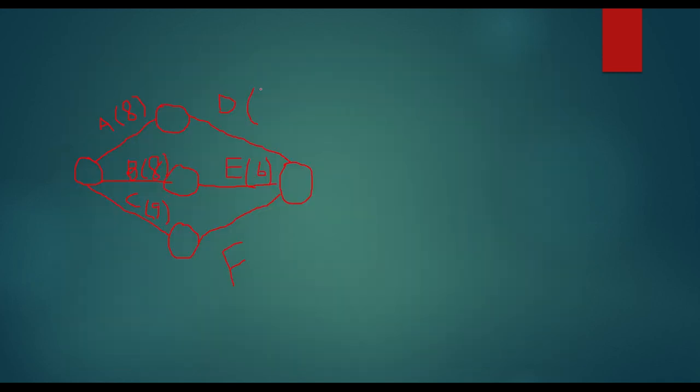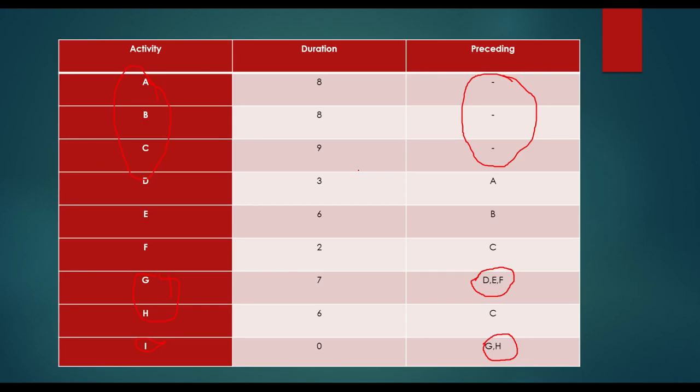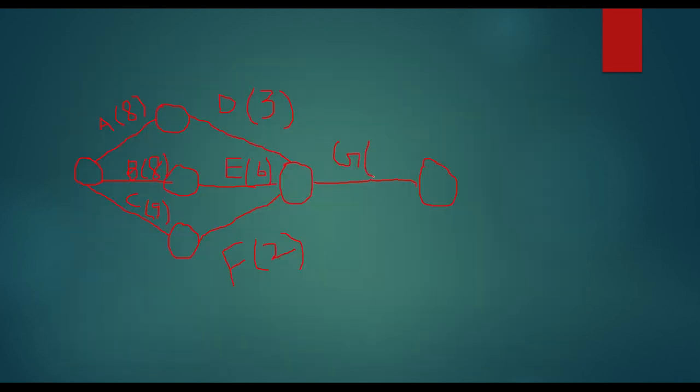D is 3, and this is 2. Right? Now where D, E and F are ending, I will start G here. So this is G. And the duration of G is 7. I'll write 7 here.